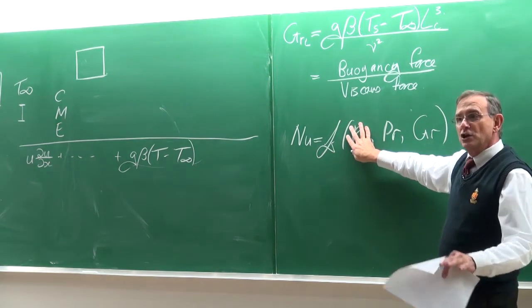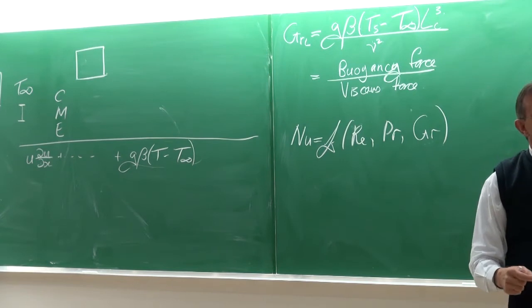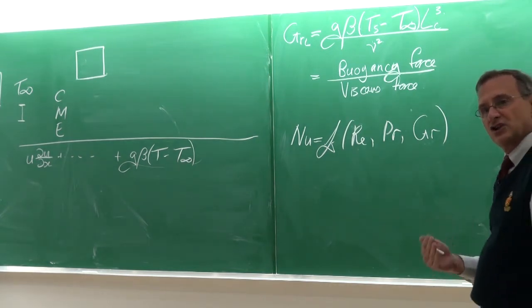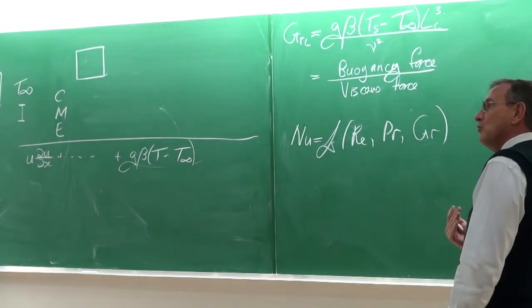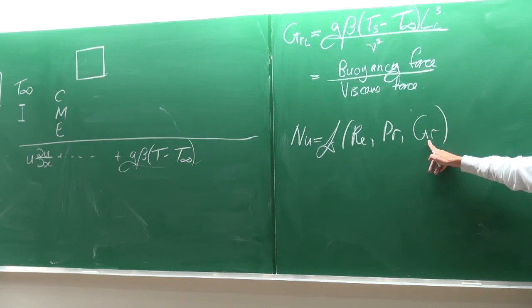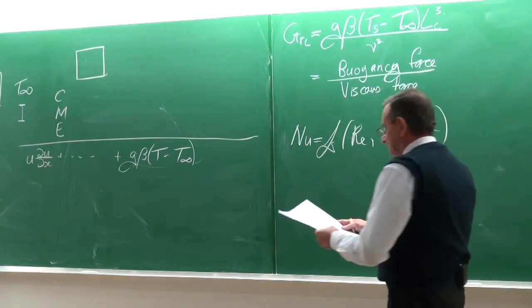Now that poses a new challenge to us, because now the problem is, how do we determine if the flow is laminar or turbulent? It is still important also for natural convection problems. And the answer is we now use the Grashof number. So the Grashof number indicates to us if the flow is laminar or turbulent.